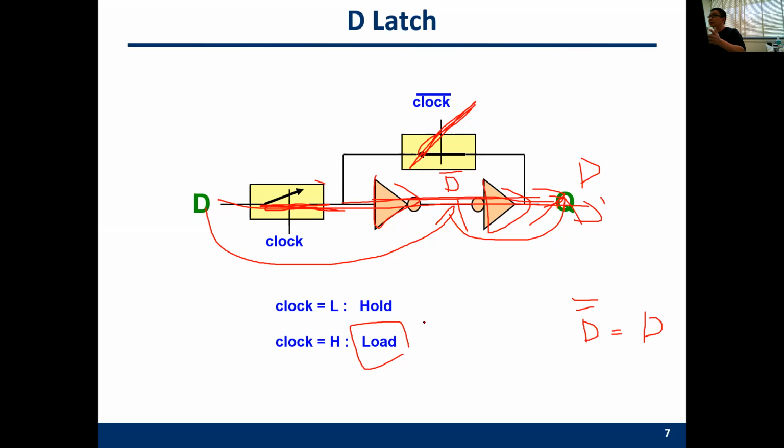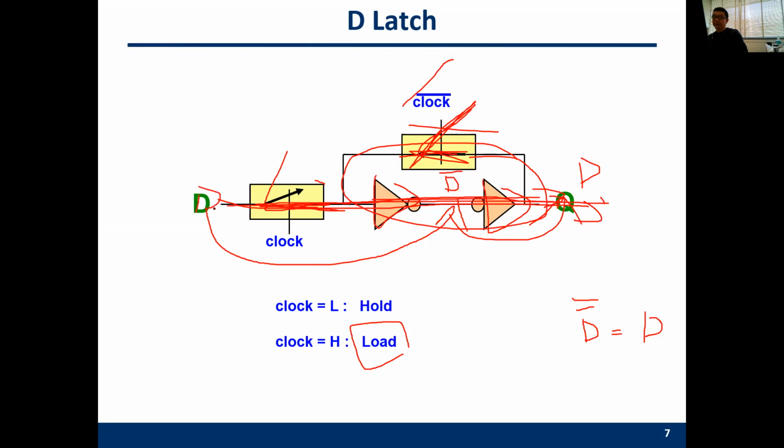With two additional switches, we can implement the hold function. When I close this switch but open this switch, I have a connected loop here. So this is a hold. But if I open this and close this, this is a load operation.